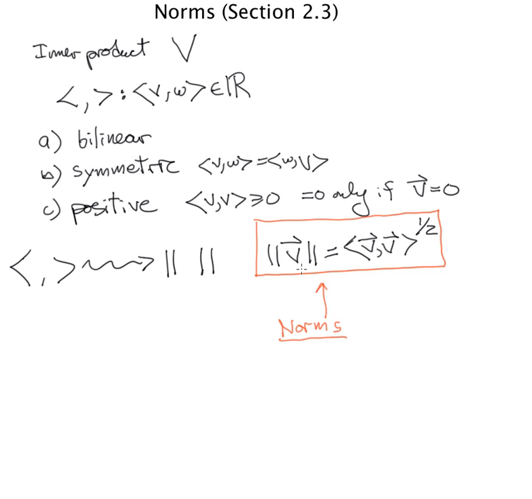And this operation has certain properties, and we're going to say what those are. Those things are called norms. Okay, but for now, let's not talk about the general theory of a norm.